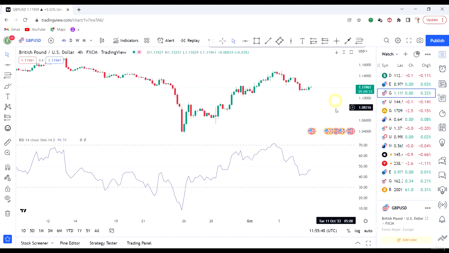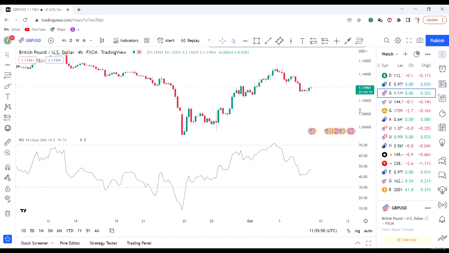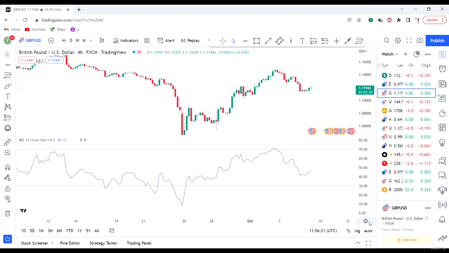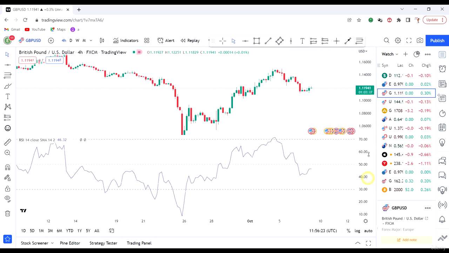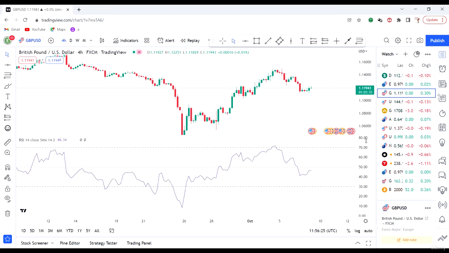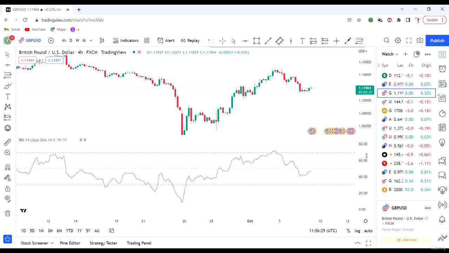So the RSI plots the values on this chart and then tends to give us overbought and oversold levels. Typically 30 will be an oversold level, while 70 will be an overbought level, or let's just say levels closer to 0 will be oversold levels, while levels closer to 100 will be overbought levels.